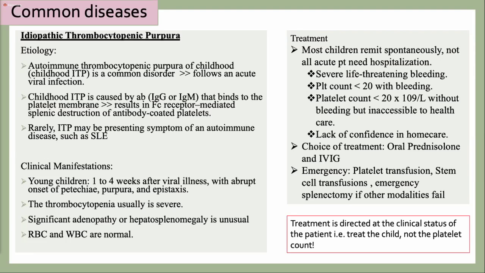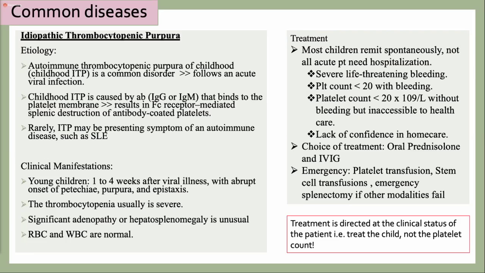Okay. So the choice of treatment based on the ITP protocol, they offer oral prednisolone and IVIG. However, if the child doesn't get any significant benefit from the steroid, we need to stop the steroid. For the IVIG, we need to monitor for side effects, especially fever, headache, and nausea.